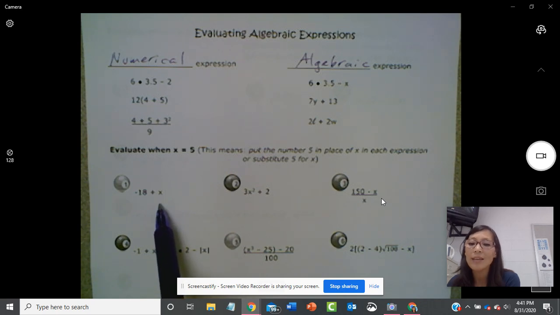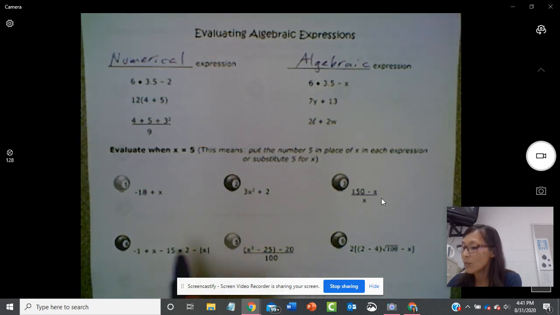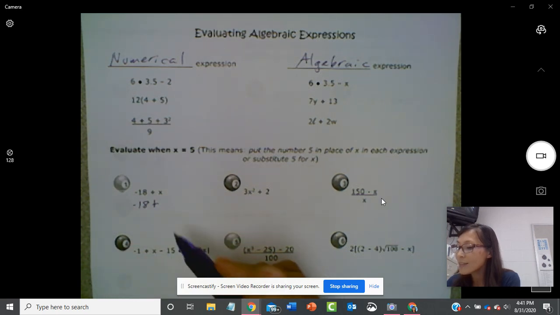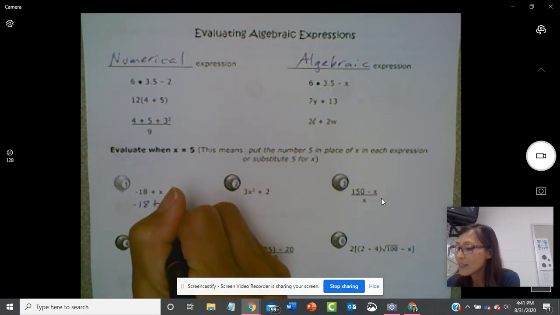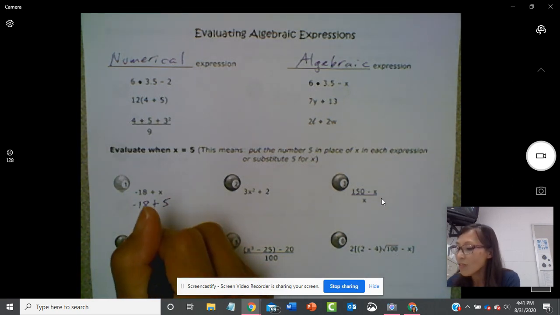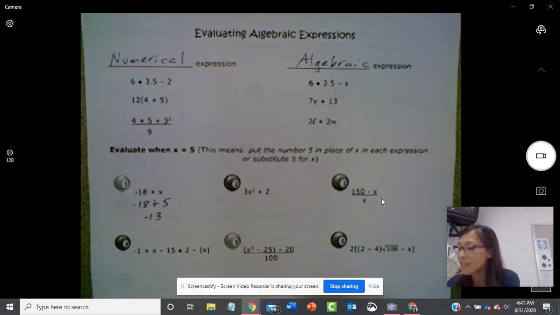We're going to do that in each of these expressions. So when I say negative 18 plus x, that really means negative 18 plus 5. Once I do the substitution, then I can simplify as normal. Negative 18 plus 5 is negative 13.